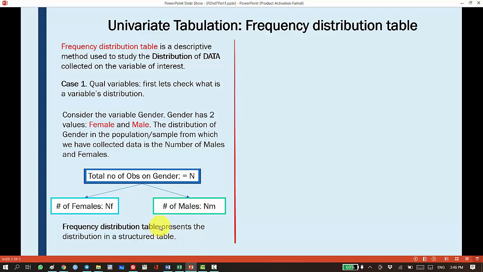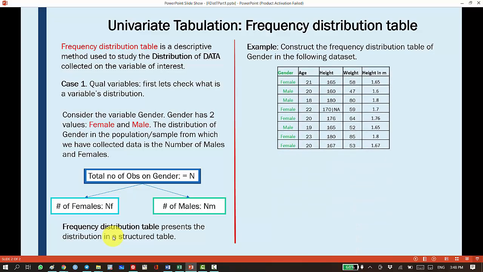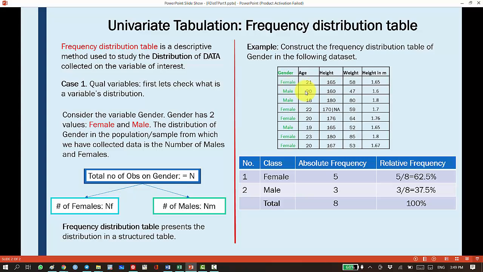Frequency distribution table presents the distribution in a structured table. For example, consider the following data set and construct the frequency distribution table for the variable gender. We see that the variable gender has got two values, which is being recorded in the column for the class.